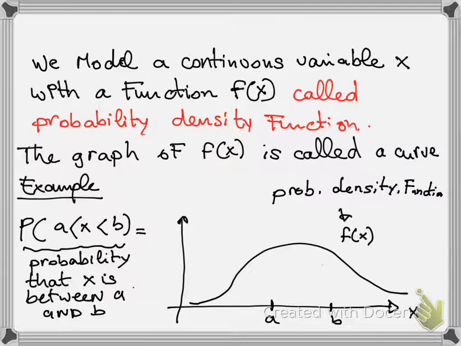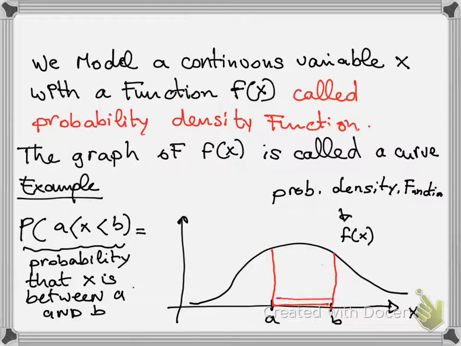To find this probability, the probability that x falls in between a and b, what you do is take the area under the curve between a and b. So here's my a, here's my b.